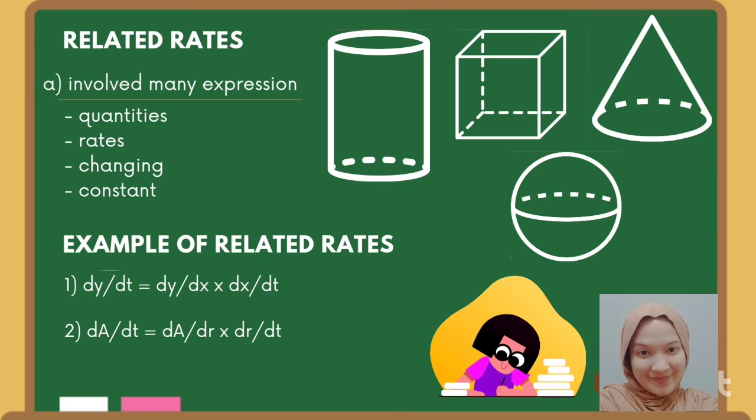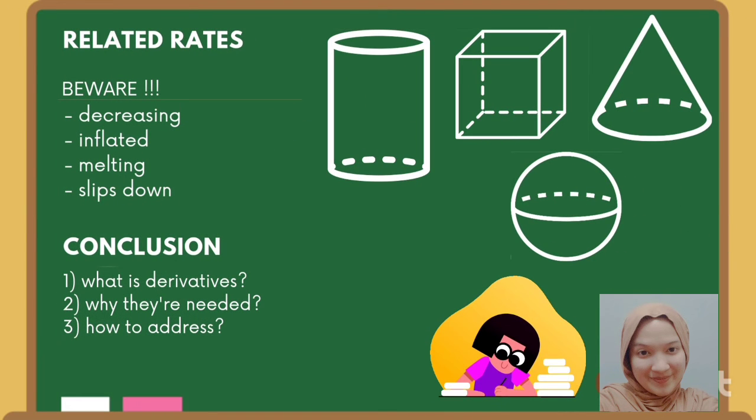But if the problem asks you to find the area, then the equation will be dA over dt equals dA over dr times dr over dt. The equation relates the rates that you are looking for and the rates given in the question.